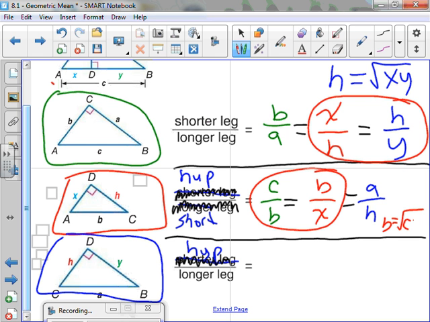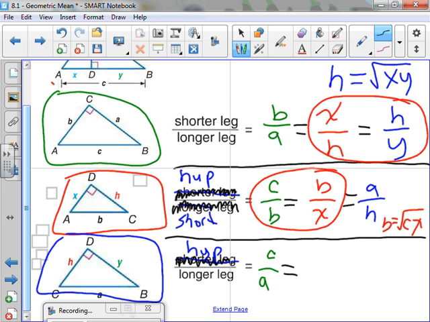Okay, here are our two triangles. I put all of these letters back. Here's our first theorem. When we have a right triangle and you drop an altitude from the right angle, then H is going to be the geometric mean of x and y, which is just what we found out in the last slide.